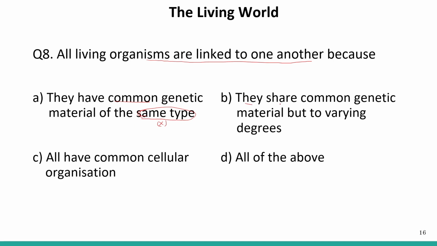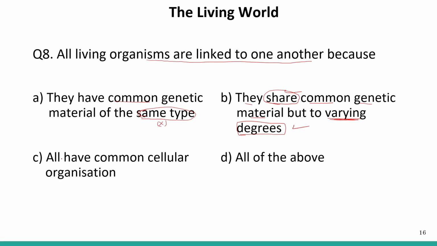The next option is they share, share is the correct word, common genetic material but to a varying degree. So there is some similarity, because they share common characteristics and that too to varying degrees. So this option is correct.